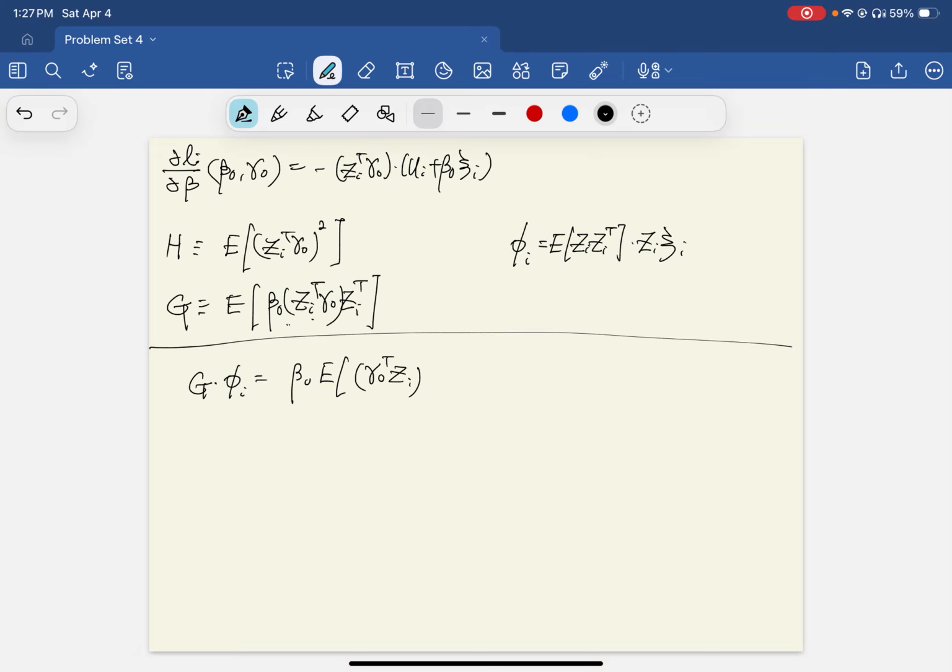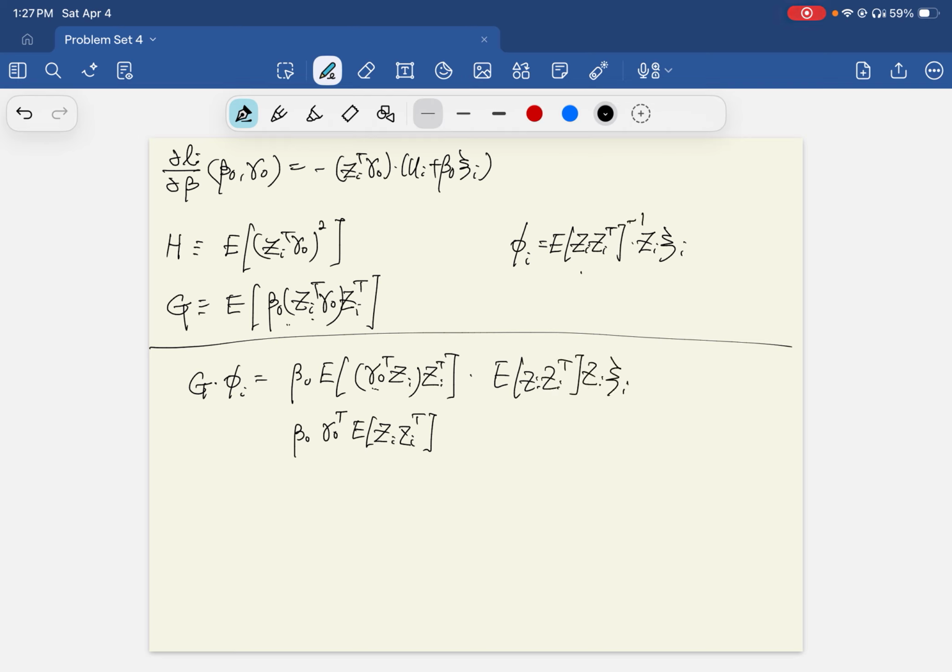Doesn't matter, right? You may switch the order like this, and then you may write this as expectation of gamma 0 is not random, so you may rewrite this as zi transpose. So this much is g, and you are going to multiply that here, zi psi.